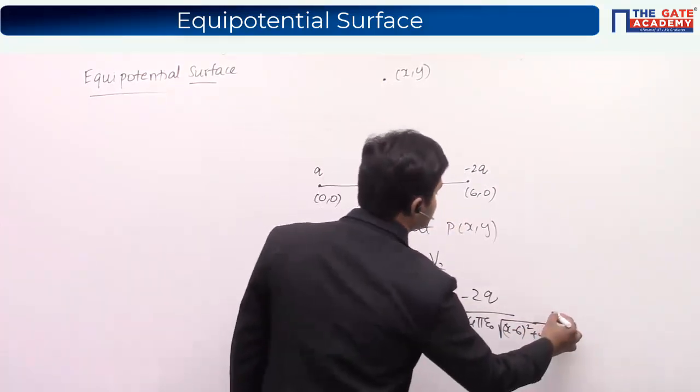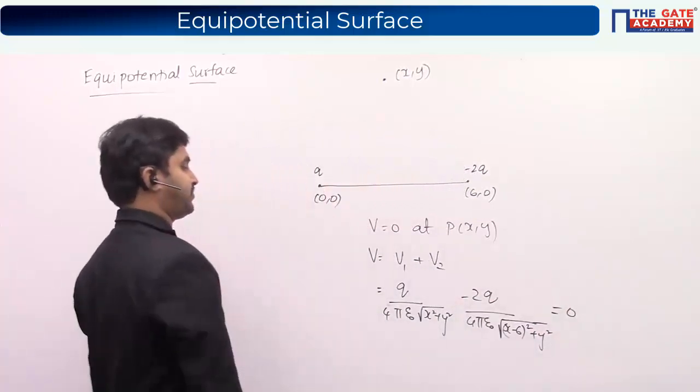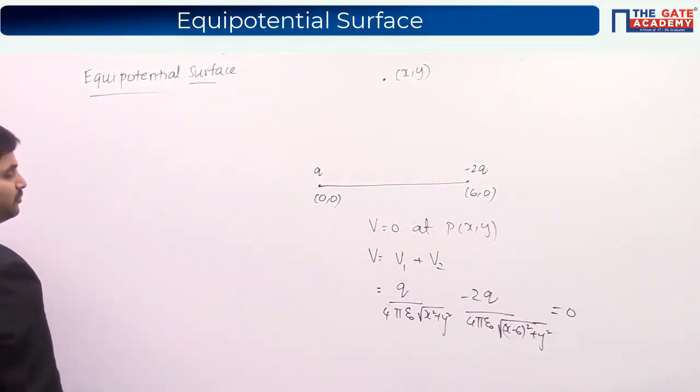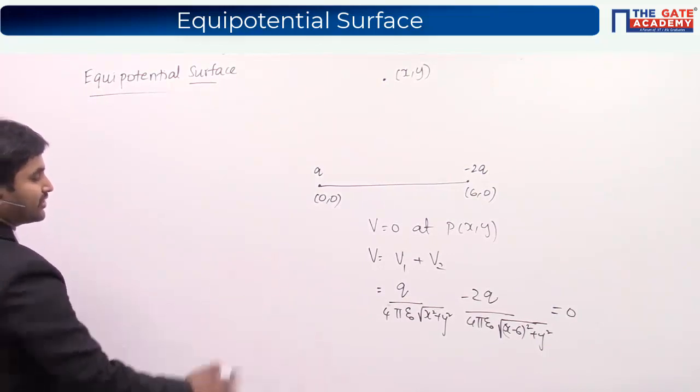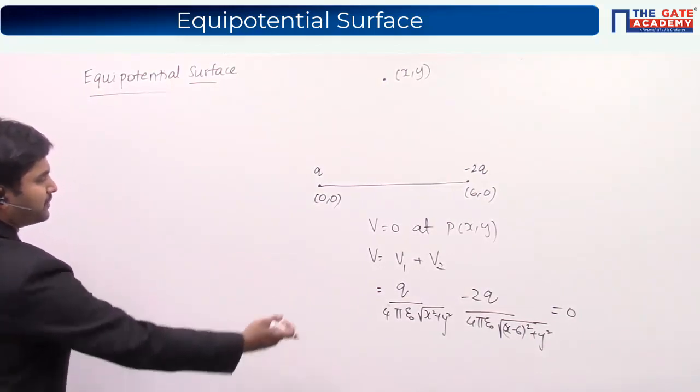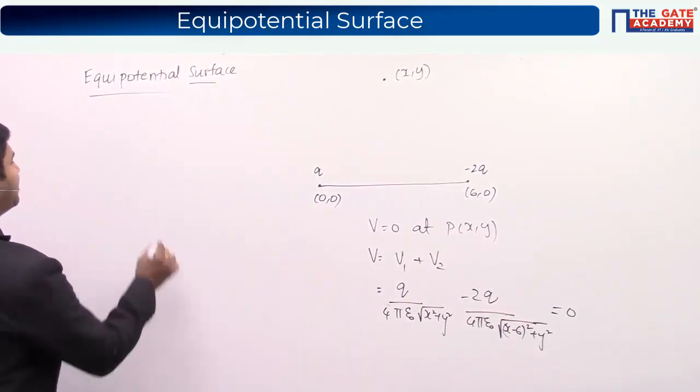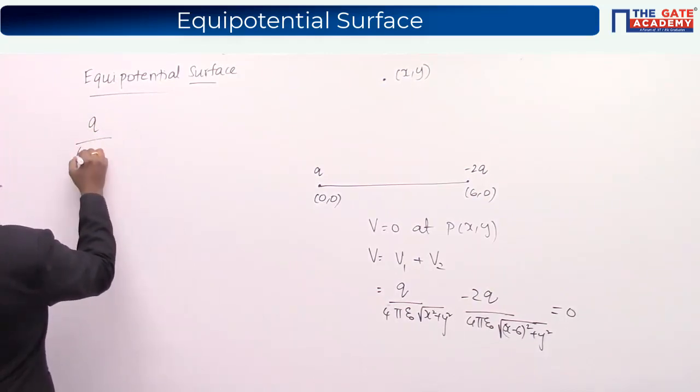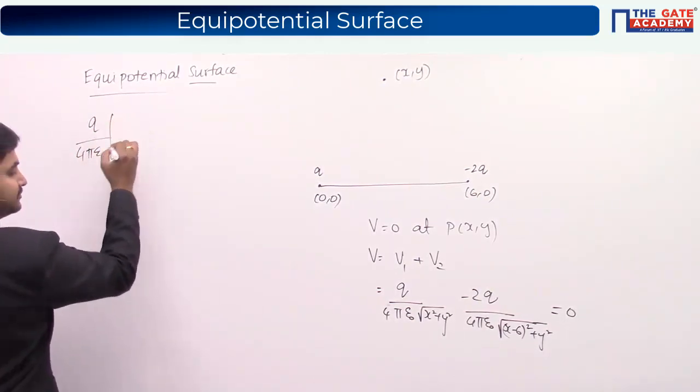The total value is equal to 0. So we can remove the common part, Q divided by 4 pi epsilon naught.